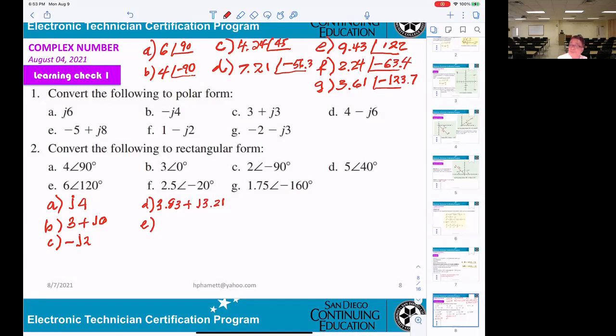Who else? Okay, I gave them the answer. Minus 3 plus 5.2 J. Yeah, plus J5.2.